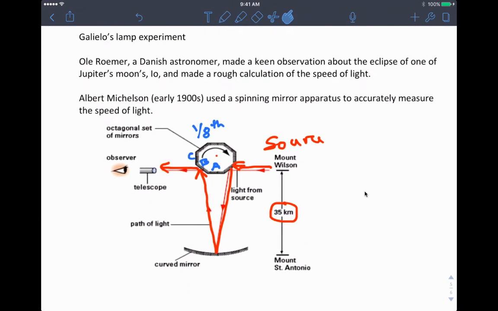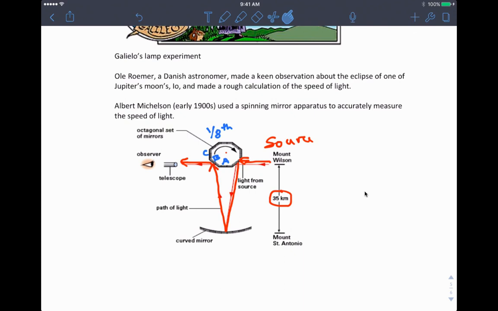So what Michelson found is with all that setup, he could actually determine the speed of light. So let's just do this example. He spun the mirror at, it was actually 32,000 RPM. That's rotations per minute.